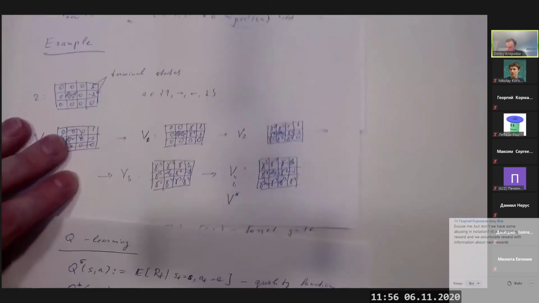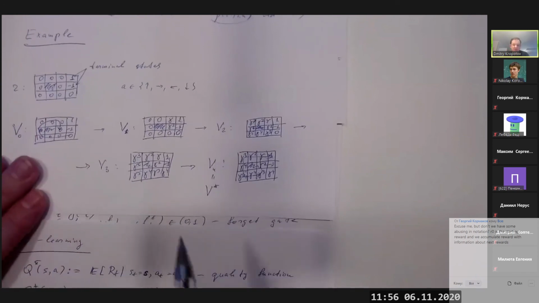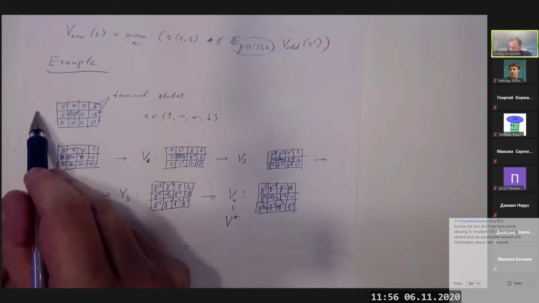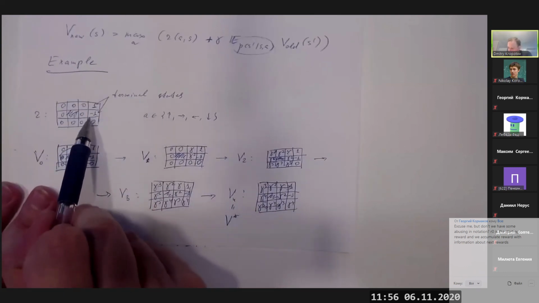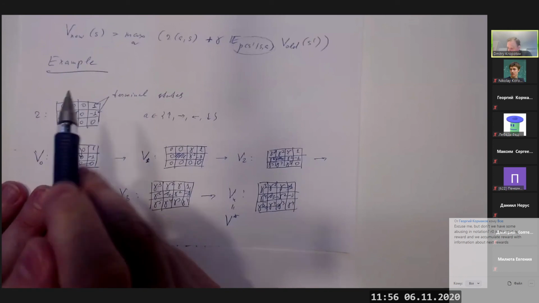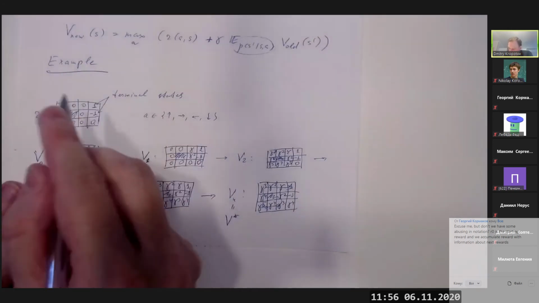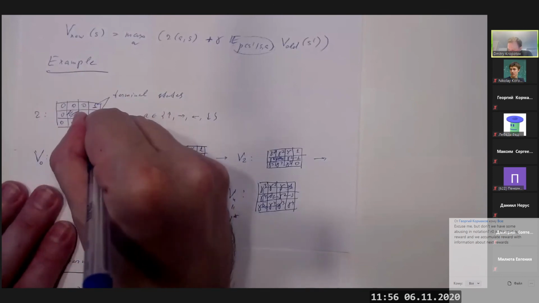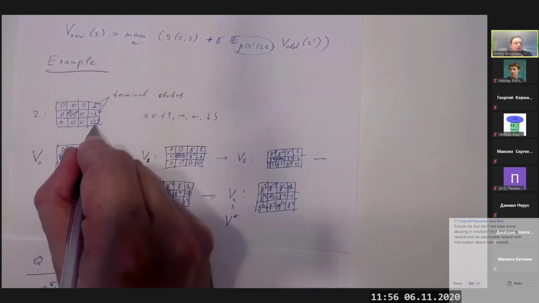Look at this example with this simple field. Suppose that in our rewards, we have the same rewards everywhere: 0, 1, -1, and say 0.2 reward here.